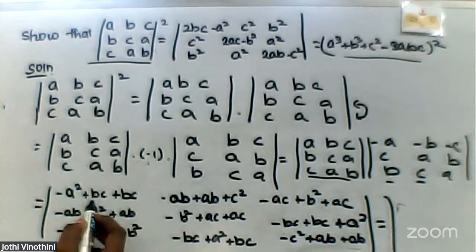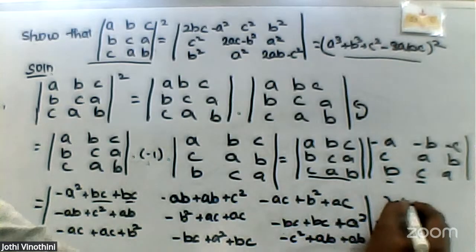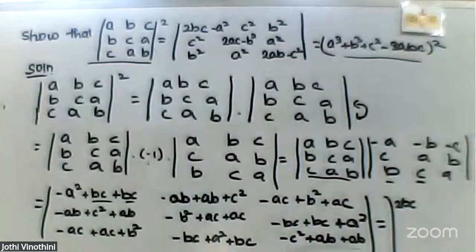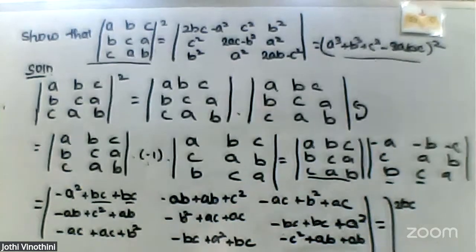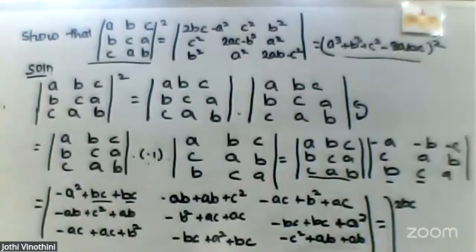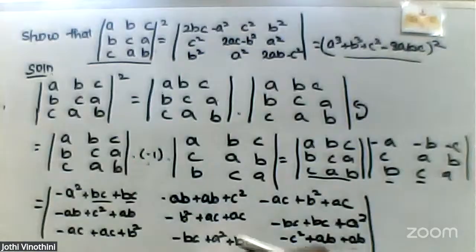So first term we have BC, BC, so 2BC. What we have here is, okay, I will write it now. I will give you 1 minute so you can copy this and we will move to the next step.